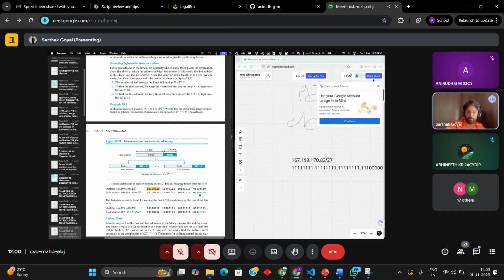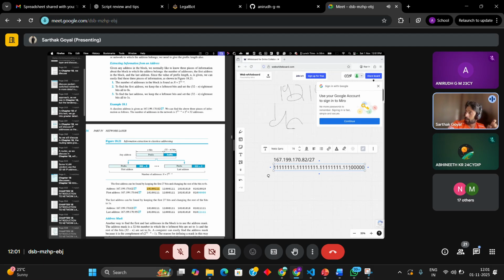For the first address, according to the process, we set the last 5 digits. Why are we getting 5? Like I said, the first 27 bits are reserved. Only the last 5 bits can change.